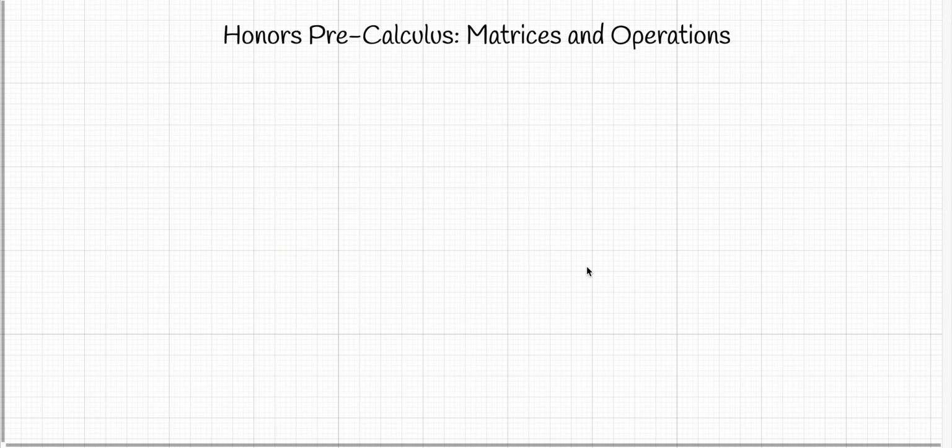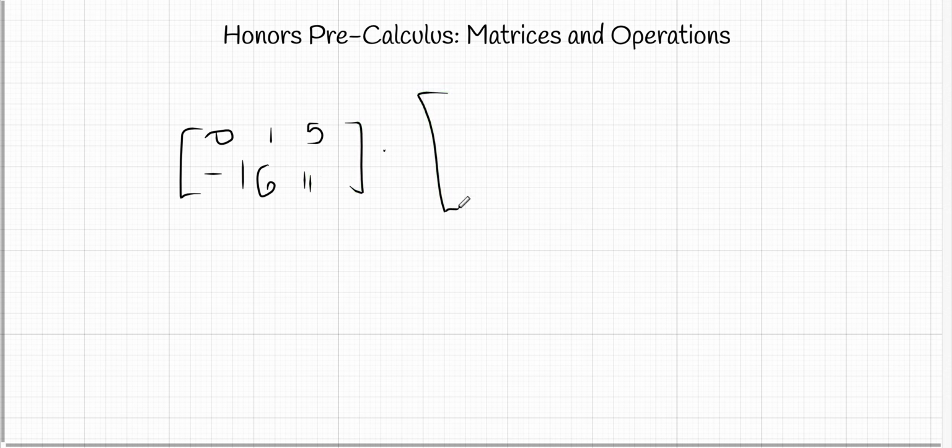Moving on to multiplication, matrices you can multiply, but it's a bit different because with addition it has to be the same dimensions, but with multiplication there's a different rule. So if I have 0, 1, 5, -1, 6, 11 times 3, 0, 4.